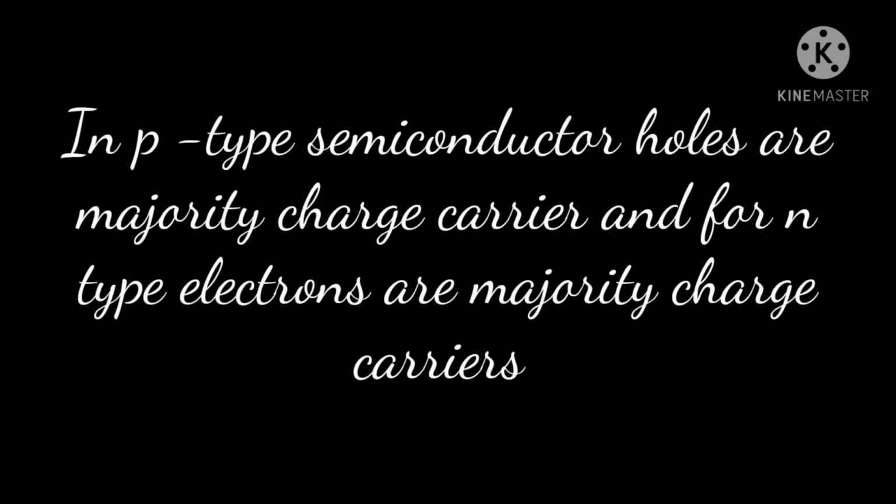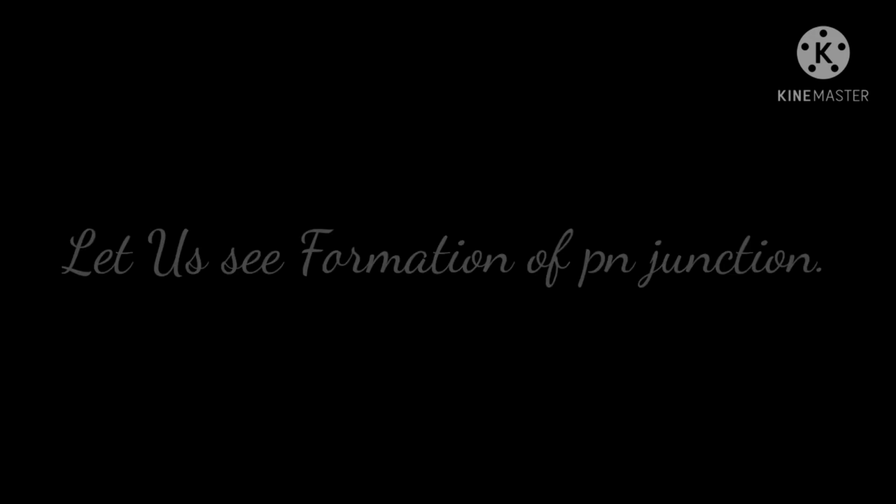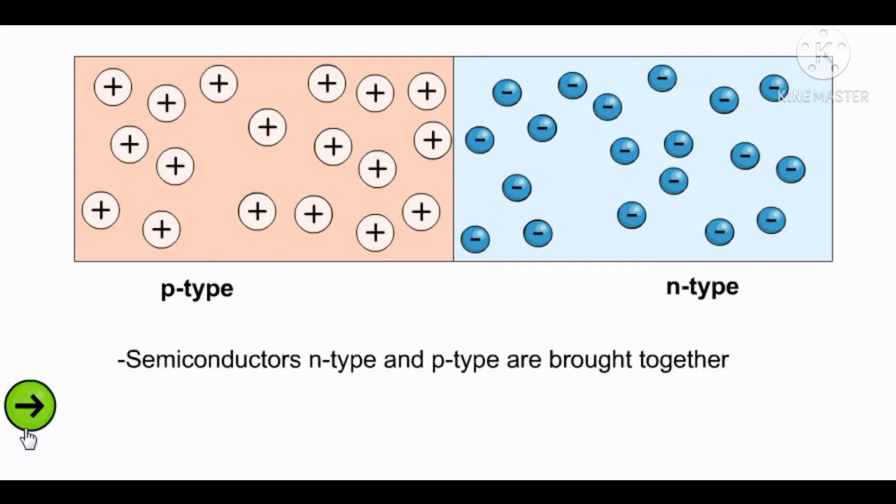We know that in p-type semiconductor, holes are the majority charge carrier, and in n-type, electrons are the majority charge carrier. Let us see the formation of a p-n junction again carefully. See this picture. In the diagram, p-type semiconductor is indicated by a plus sign in circles.